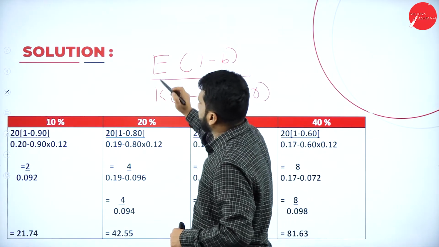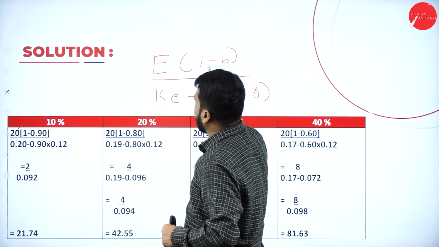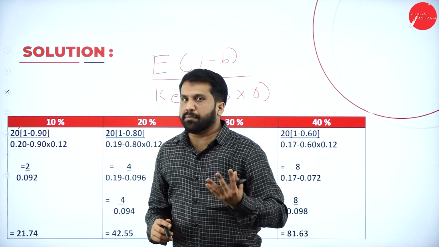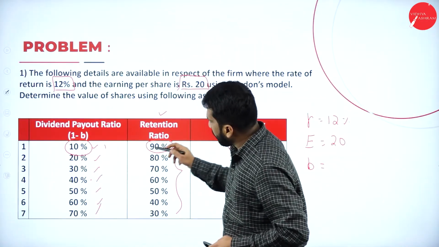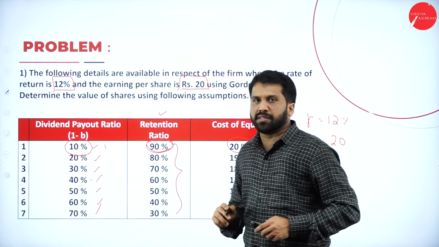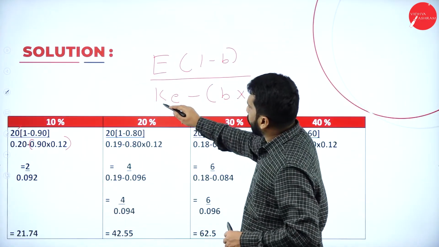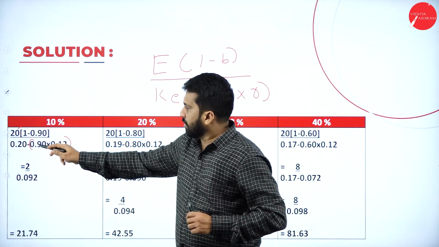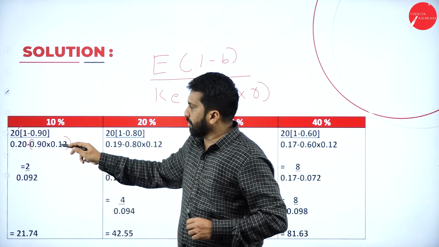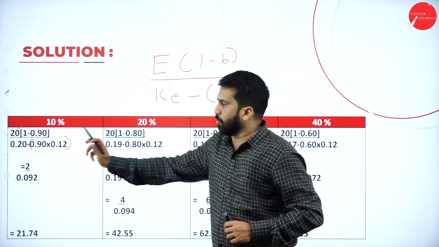Now, what is the earning here? 20. And there is 1 minus B. What is B? B stands for your retention. B is 90%. Hope you are clear? Yes. What is cost of equity? 20%, we can call it 0.20, minus 0.90 into R. R is equal to 0.12.